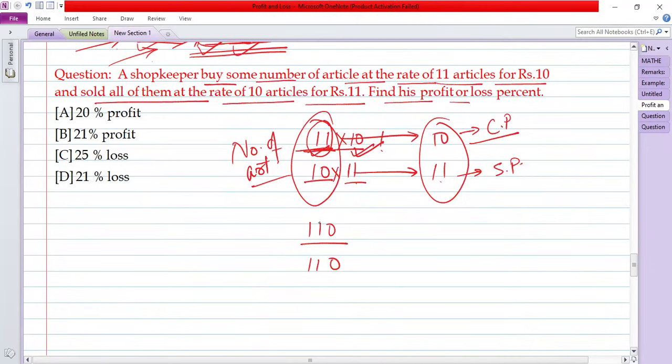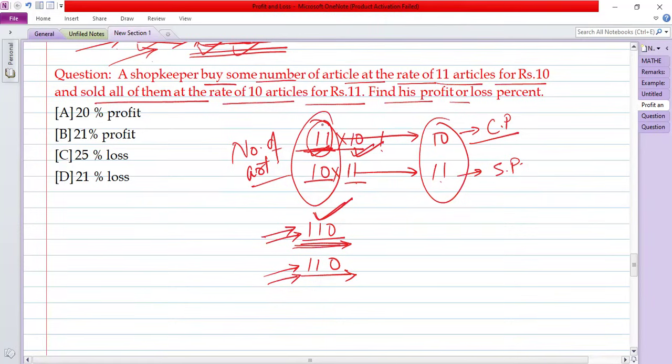So what is the meaning? Meaning is that in total, the shopkeeper has bought as well as sold 110 articles.